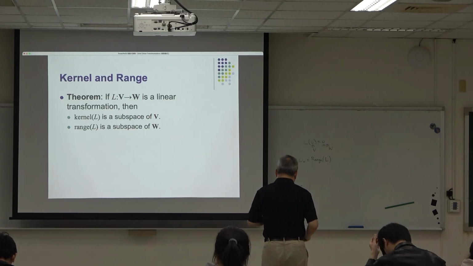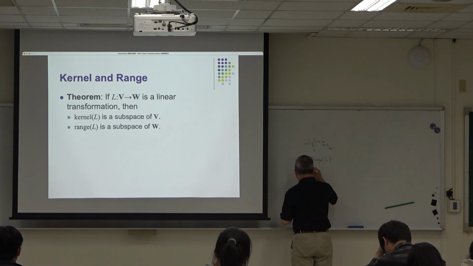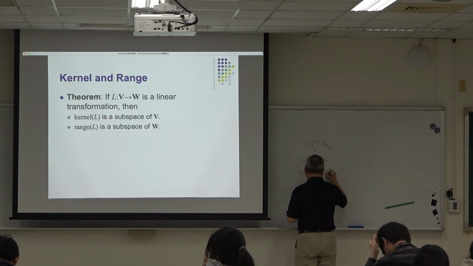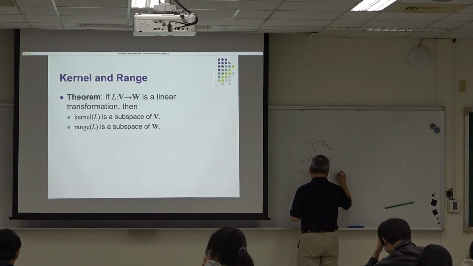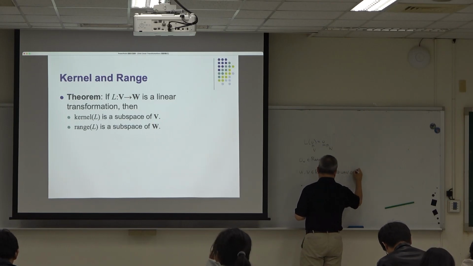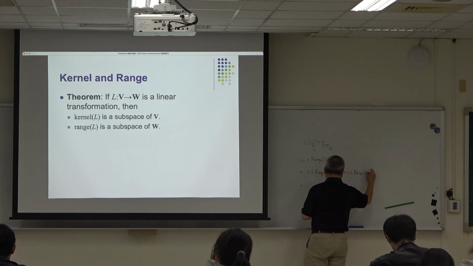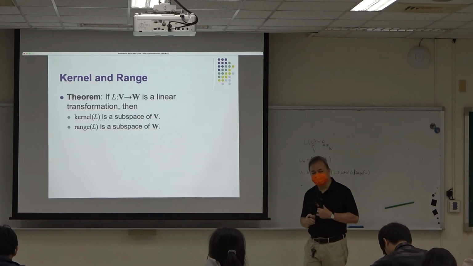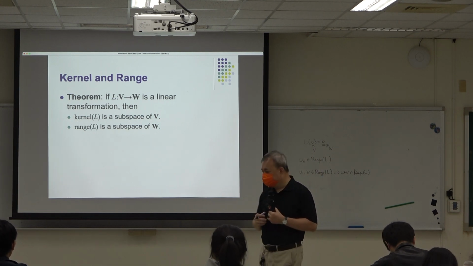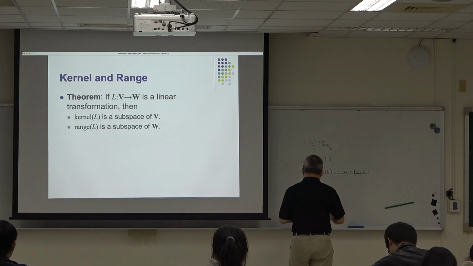If U, V are in the range, we will show that U plus V is in the range. That's one of the rules we need to verify. What do we mean by U, V in the range?